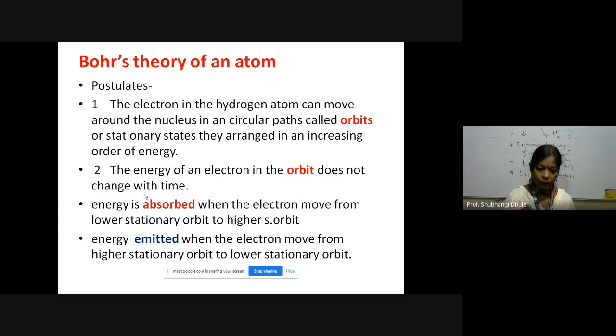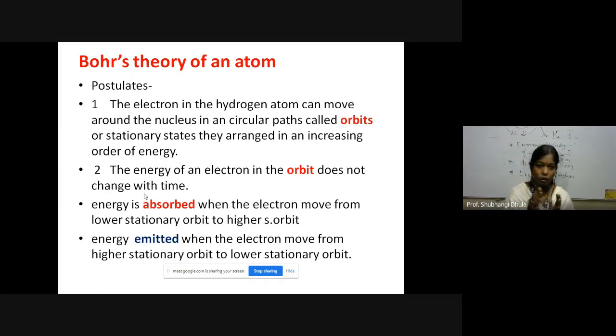So in an atom, the electron revolves around the nucleus in a circular path called an orbit, or a stationary state. If this is the nucleus, then these circular paths around the nucleus are called the orbits. These orbits are stationary states.